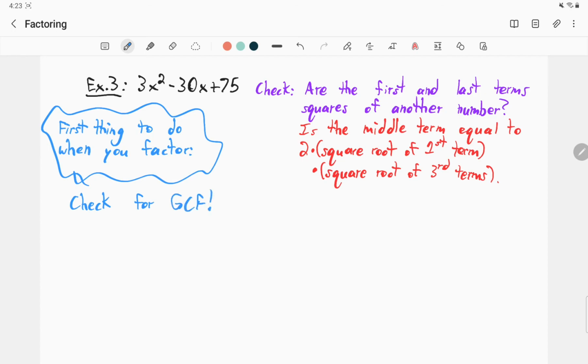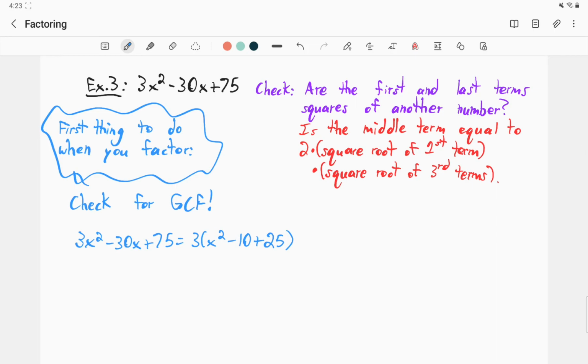Check for a greatest common factor. So we can factor out 3 from here. So 3x squared minus 30x plus 75 equals 3 times x squared minus 10x plus 25. Interesting. So there was a GCF and we pulled it out.